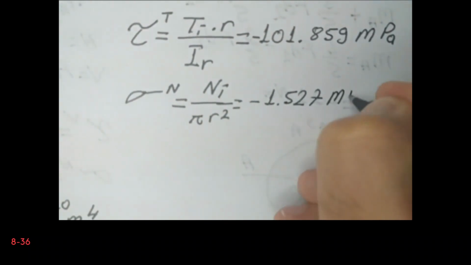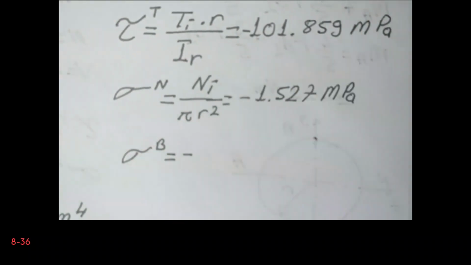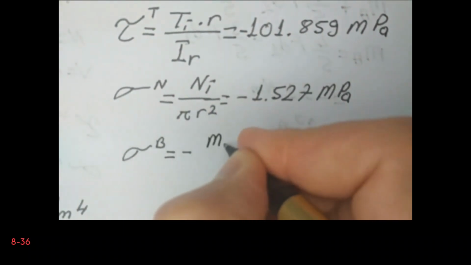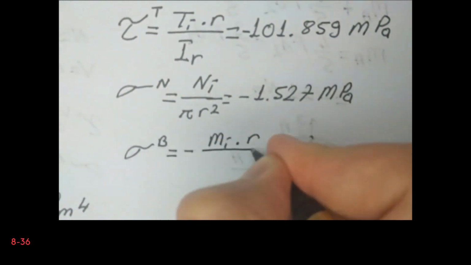Now the next thing is stress due to the bending. Now stress due to bending is equal to minus mi multiplied by r divided by I bending.